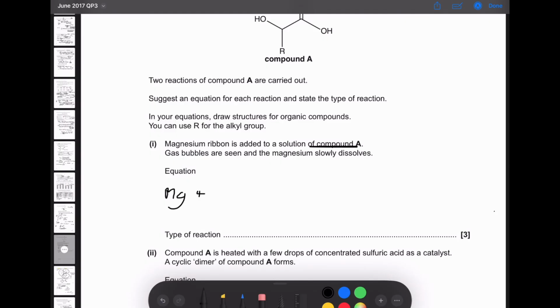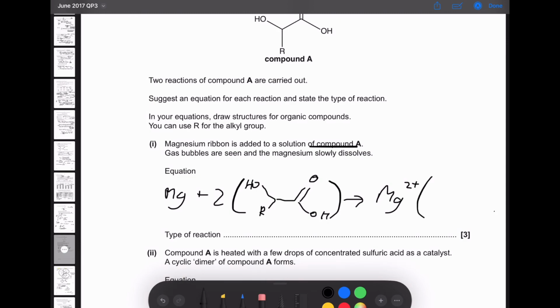So Mg plus R acid, there's going to be 2 lots of it, because Mg forms 2 plus ions. So R, double bond O, OH here. That's going to give us Mg 2 plus, brackets, going to take away the OH's H on the carboxylic acid group.